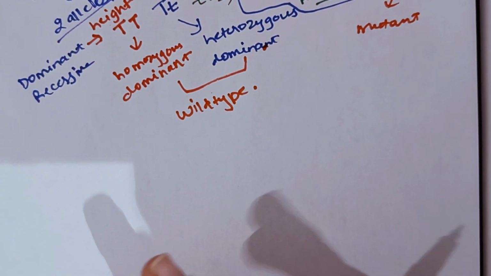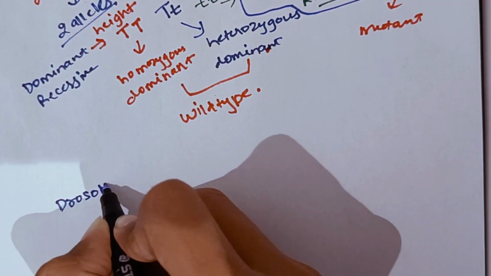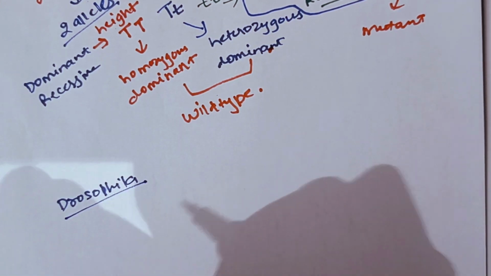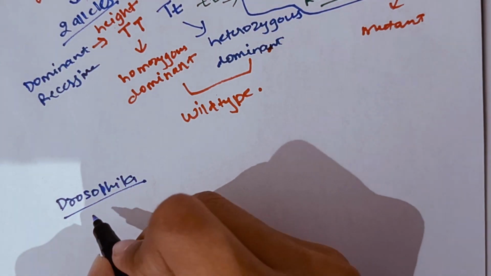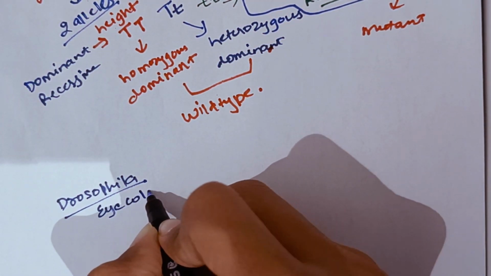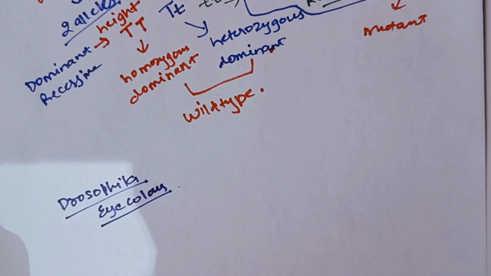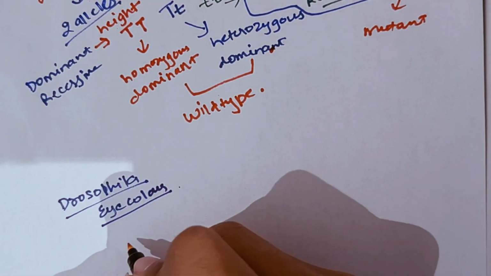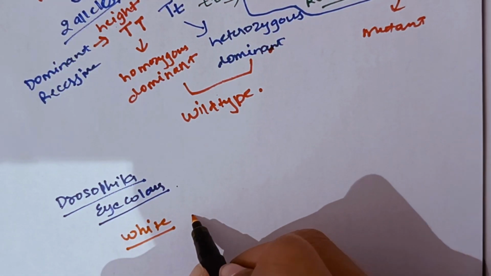So I will show you by an example. Suppose that we are talking about Drosophila, because in genetics most of the studies were done on Drosophila, and suppose we are talking about the phenotype eye color. The eye color is generally white, and this phenotype is controlled by two genes.